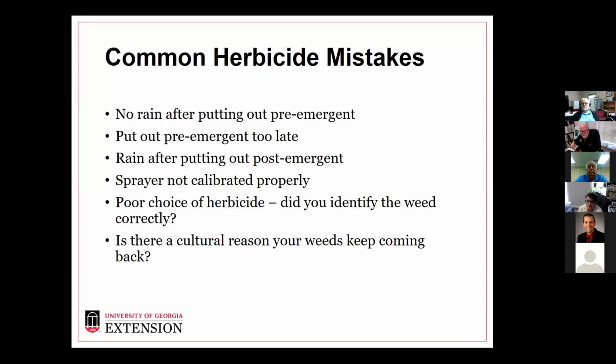Some common mistakes that a lot of producers make with their herbicides, you see listed here, the biggest one being not identifying the weed correctly, so not using the correct herbicide. But there are some cultural reasons as well, especially if the same weed keeps coming back, no matter how many times you hit it with a herbicide.